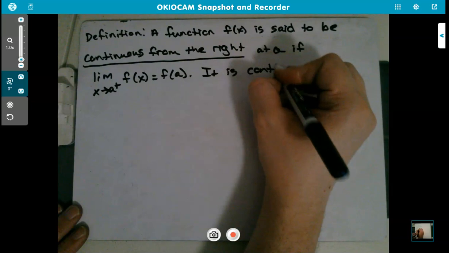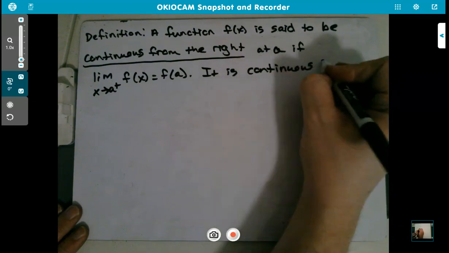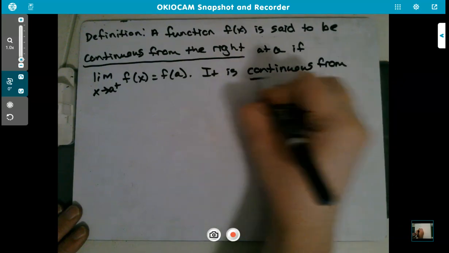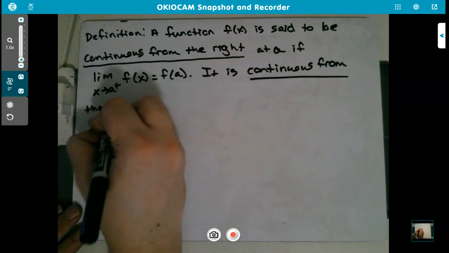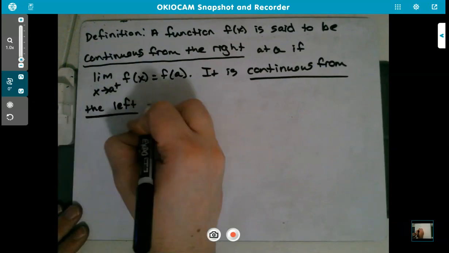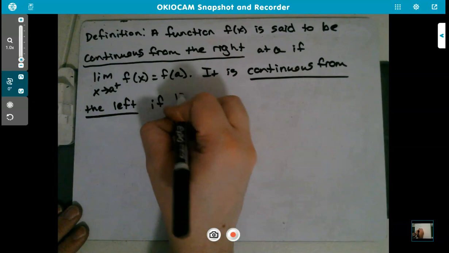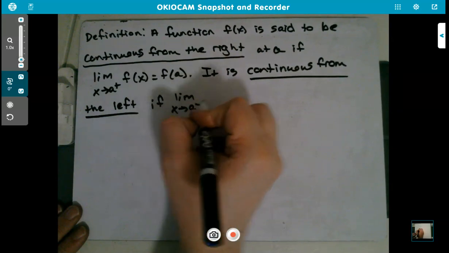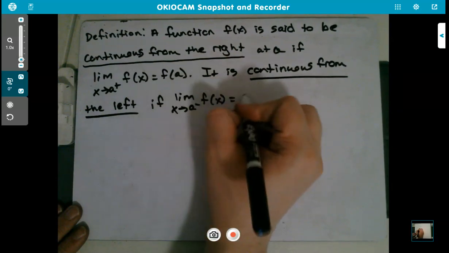It is continuous from the left if the limit as x approaches a from the left of f of x is equal to f of a.